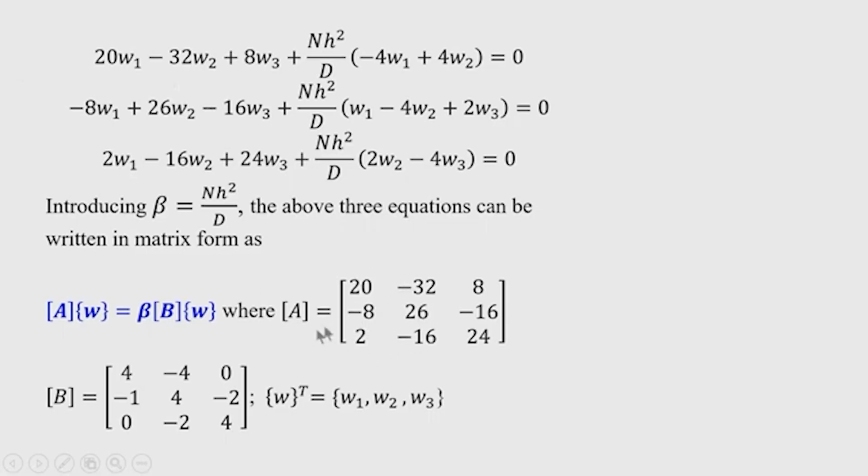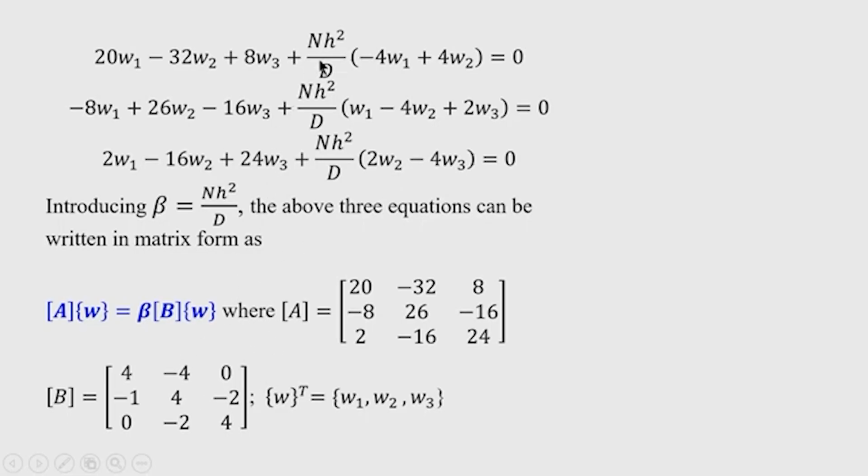After writing this, the B equations are written as the coefficients of W1, W2, W3 obtained from the in-plane force part, and A is obtained from the plate bending part. So, this coefficient you can see minus 4, then 4, like that it is written, all right.